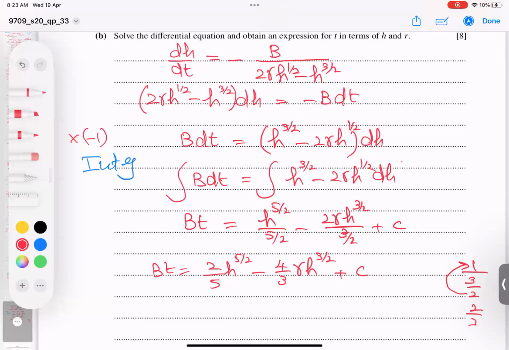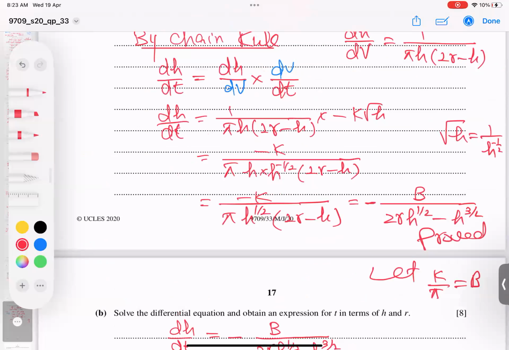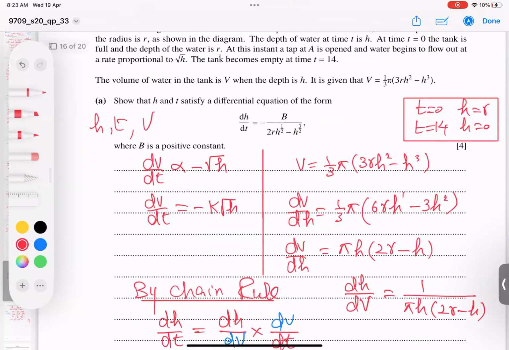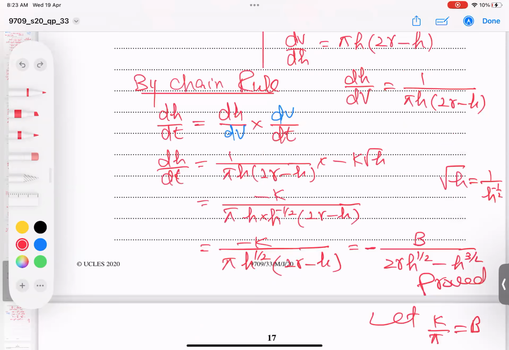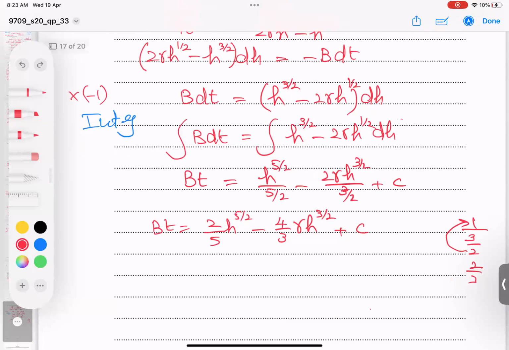Okay, now I have to use those links available here. I use the top one first, t = 0, h = r. When I put 0 here, it is gone.